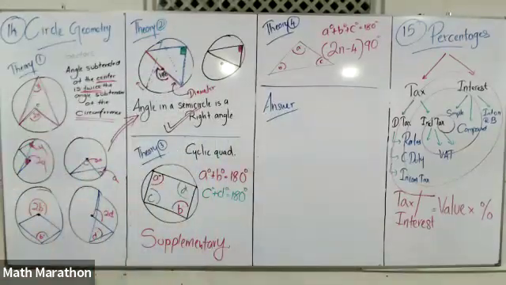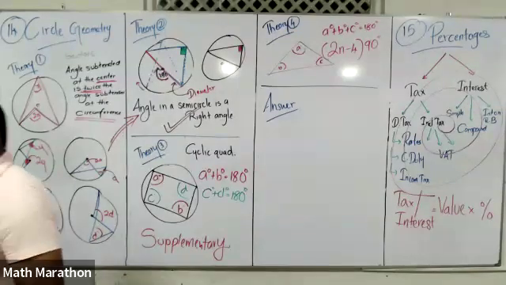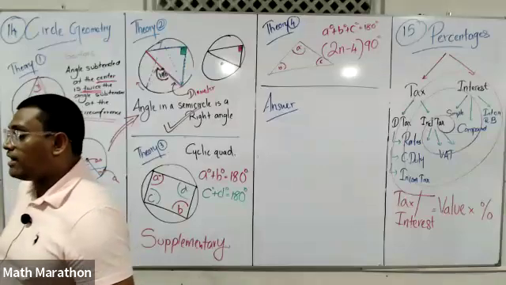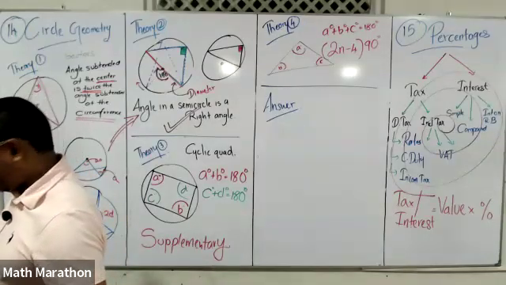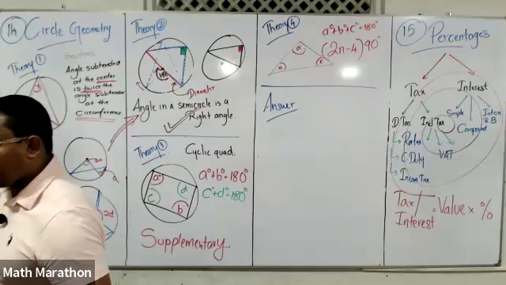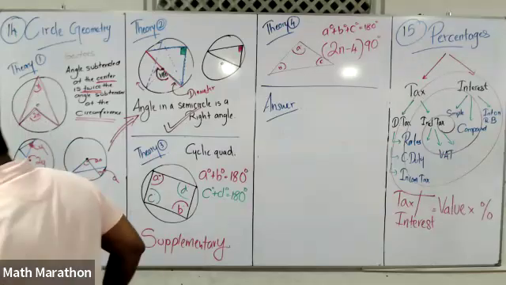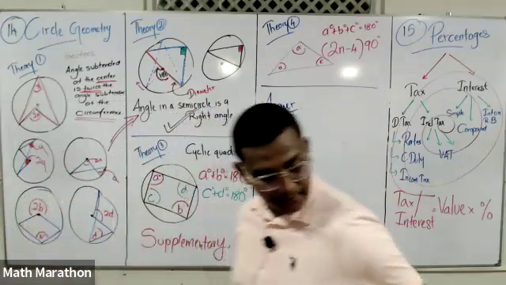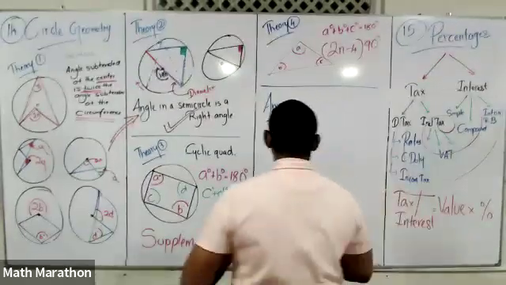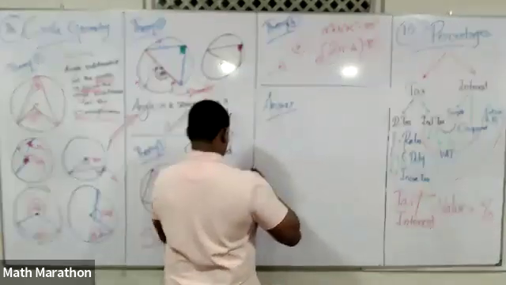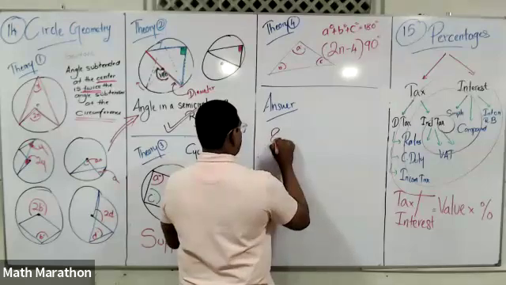Okay. Find the income tax that a person who earns an annual income of 800,000 rupees has to pay according to this table. So what do we have here? He's earning how much? 800,000 rupees.